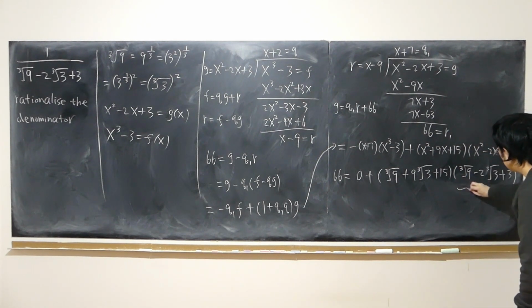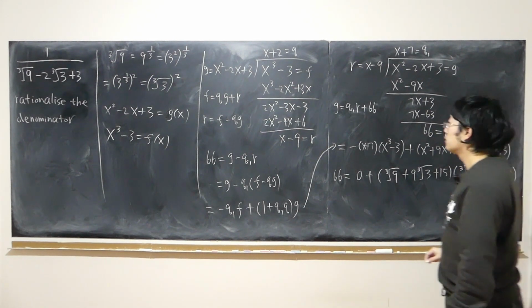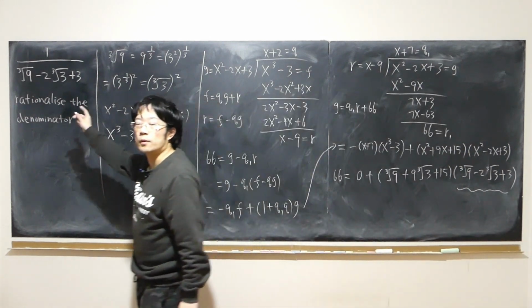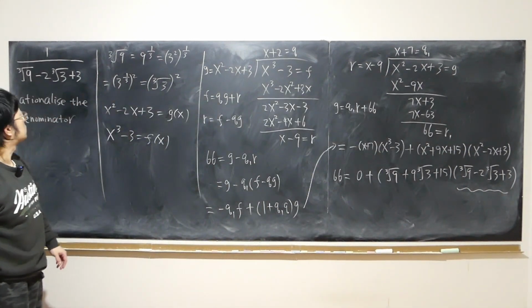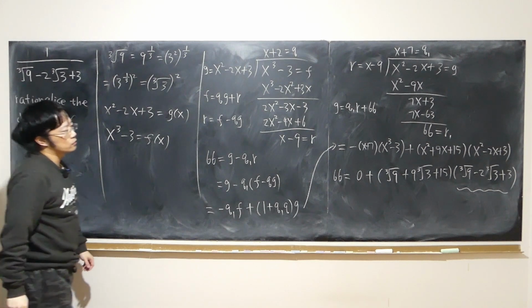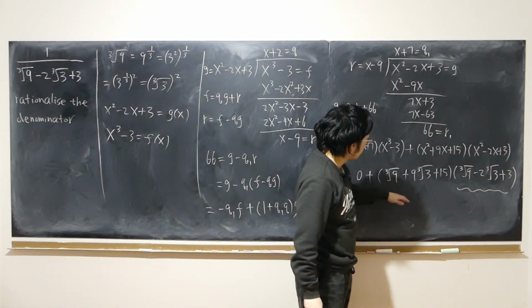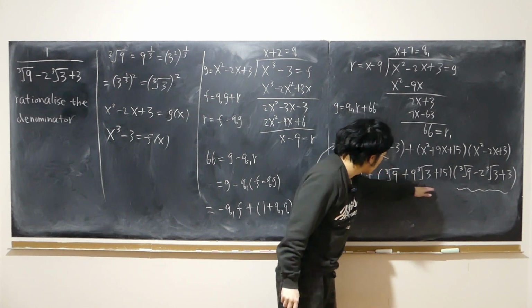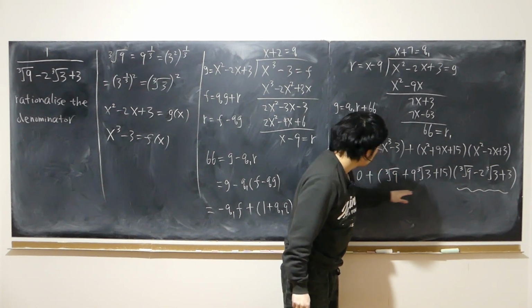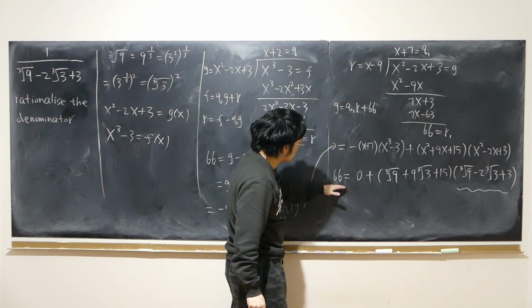So this is my original denominator. Yes. So that tells me that if I multiply my denominator by some other irrational, that will give me some rational.